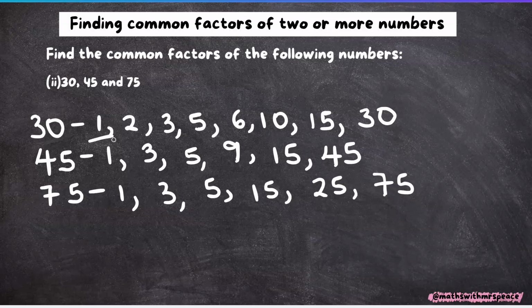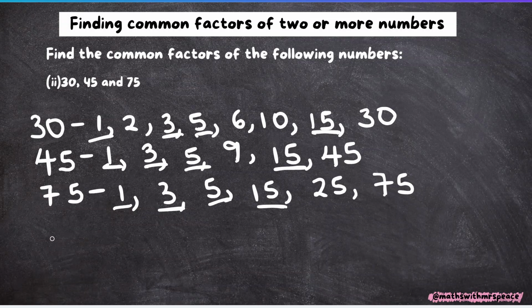We have 1, we have 3, we have 5, and finally we'll have 15. So these are our common factors between the 3 numbers.